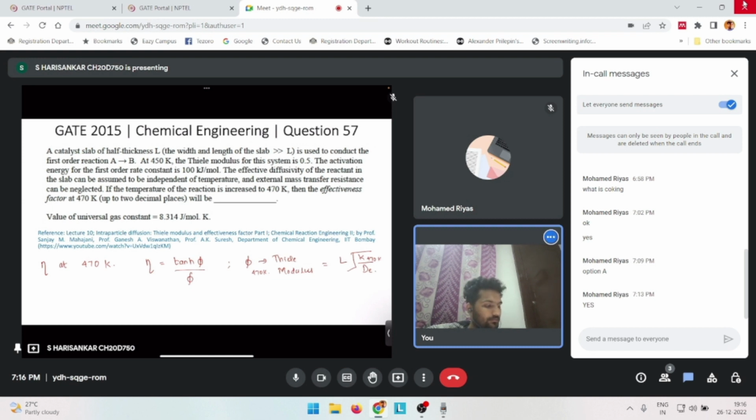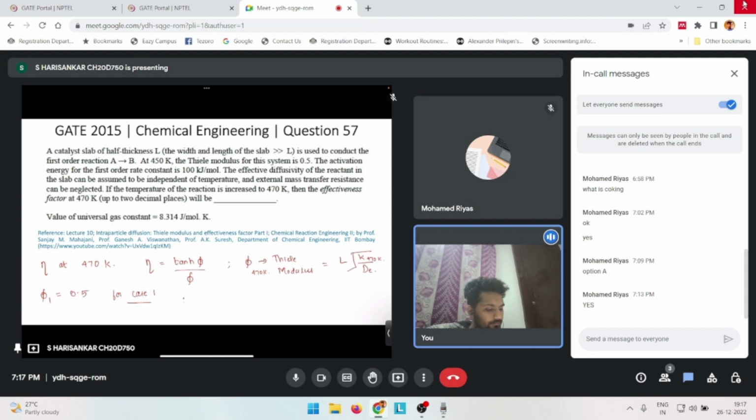So let us write down the data they have given us in this question. The first data they have given is that Thiele modulus is equal to 0.5. Let's say this is the Thiele modulus for case 1. So Thiele modulus phi 1 is equal to 0.5.